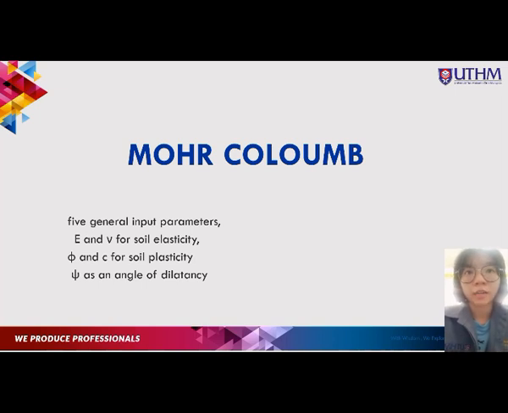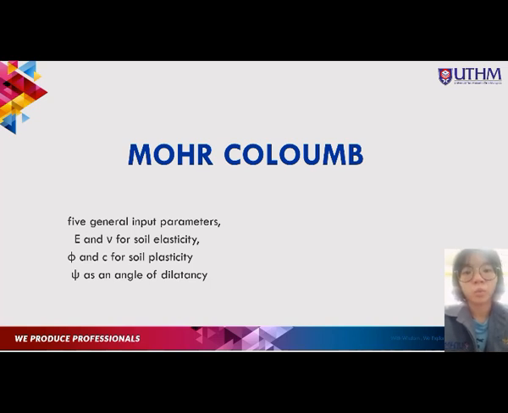In contrast, the Mohr-Coulomb model only consists of 5 general input parameters, which are stiffness and Poisson's ratio for soil elasticity. Besides, it also consists of friction angle and cohesion for soil plasticity, as well as the angle of dilatancy. The hardening soil model also consists of these 5 general input parameters.